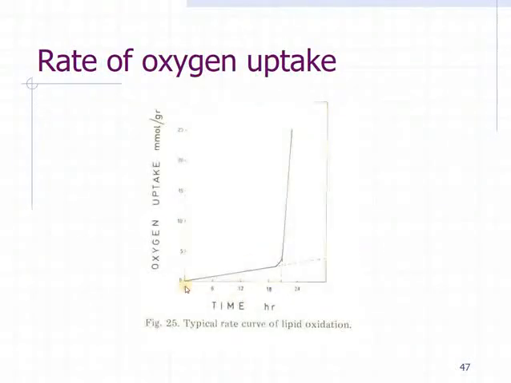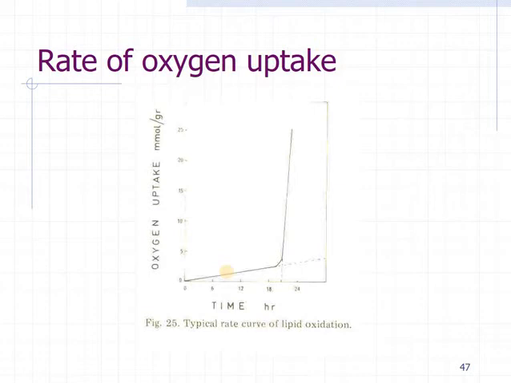So this diagram here is a graph showing you the oxygen uptake, which is obviously correlated with the peroxide value. As you can see, as the oxidation starts, there is a low oxygen uptake. The rate of oxygen uptake is slow because remember, we still need to do what?